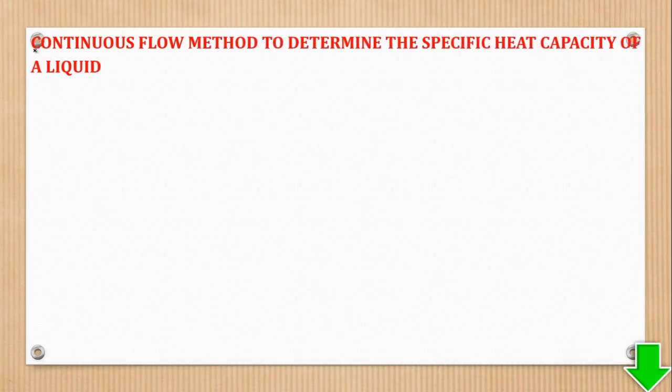So now we shall go to what we call the continuous flow method to determine the specific heat capacity of a liquid. So here we shall need an illustration. Let us draw an illustration to help us understand what the word continuous flow means.